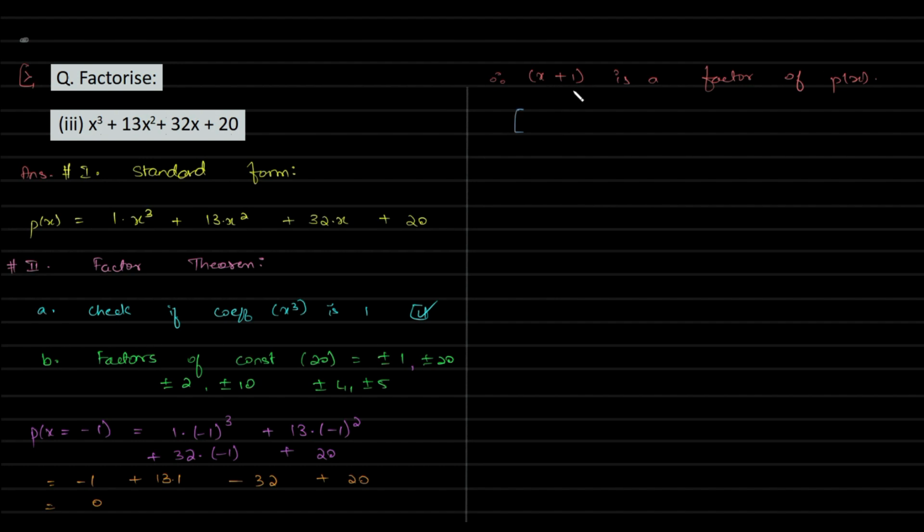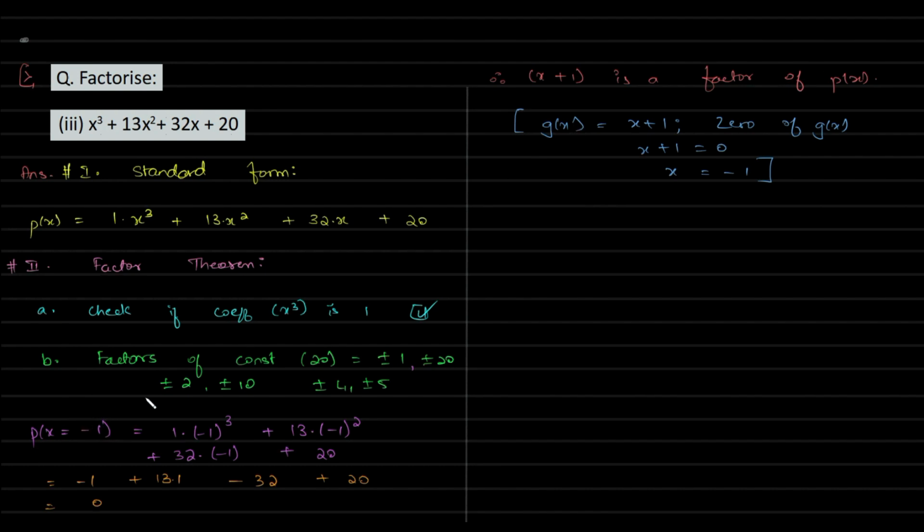So how does this come into the picture? If I have g of x as x plus 1, and you figure out the 0 of g of x, x plus 1 will be equal to 0, so x will be equal to minus 1. So now minus 1 and minus 1 are the zeros for both polynomials.